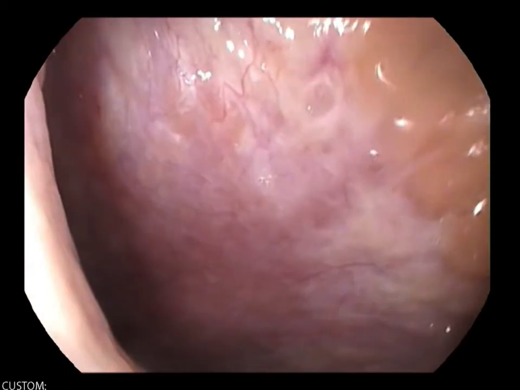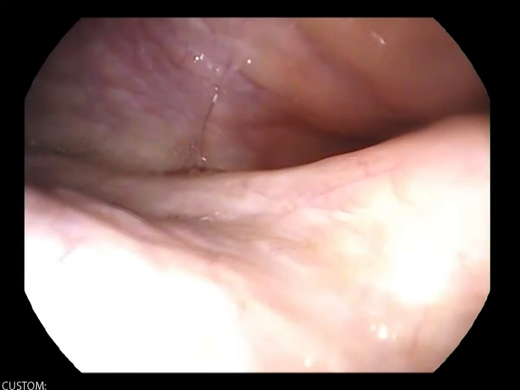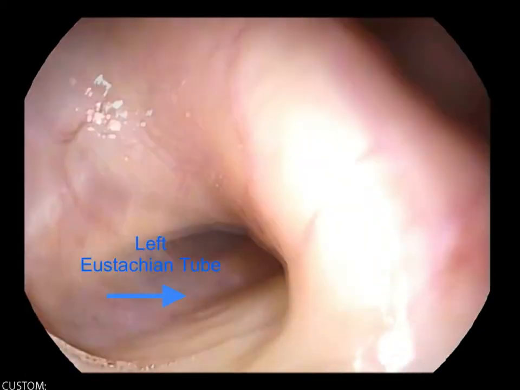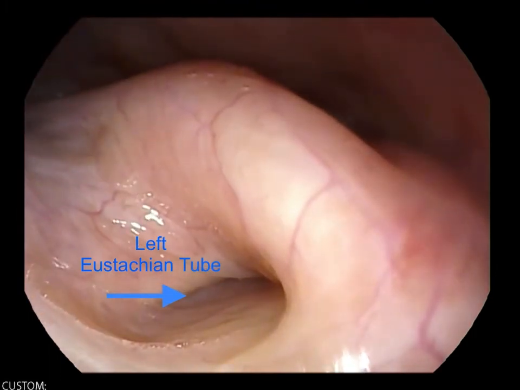Sometimes I like to also have a look at the contralateral eustachian tube, which is quite doable by a simple rotation movement of the scope, remembering that it is a 360 degree instrument.